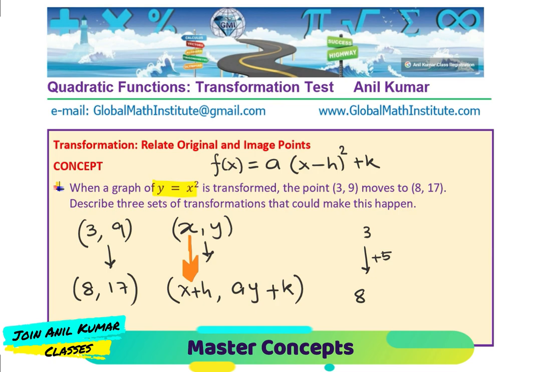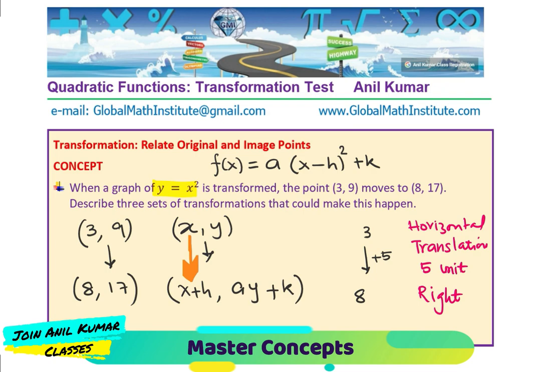So we can write this down: a horizontal translation of five units right.